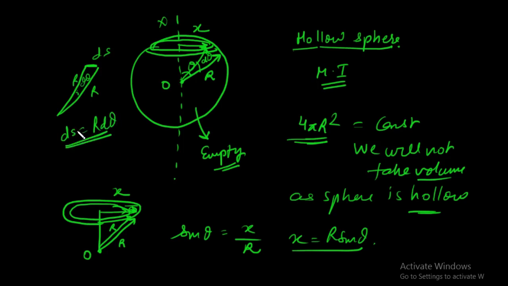So we have ds and we have x. Now I want to calculate the area of the ring. The area of the ring will be the length of the ring times the width of the ring. What is the length of the ring? 2 pi x, since the ring has a radius x, times the differential length, which is ds. This will be the area of the ring.